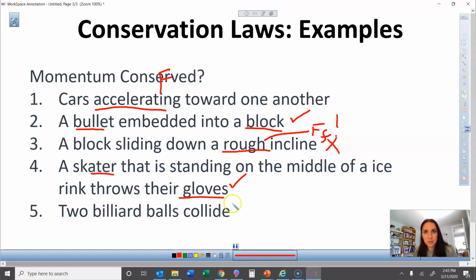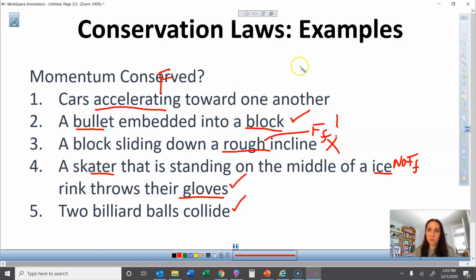You need 2 objects in your system. So in this case, it's an inside force, so we're not considering friction. Notice the word ice means no friction. So this is conserving momentum. And 2 billiard balls that collide is also conserving momentum. Once again, when they hit each other, that's an internal force. It doesn't mention anything about friction or pushing them otherwise.